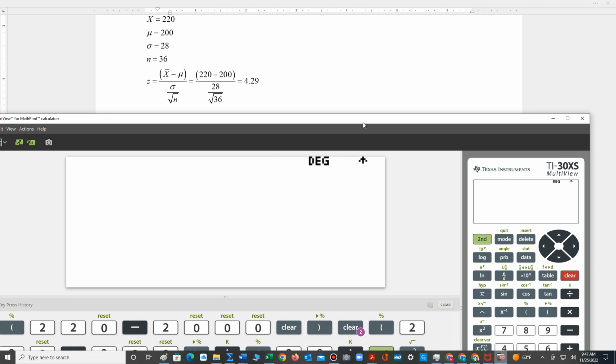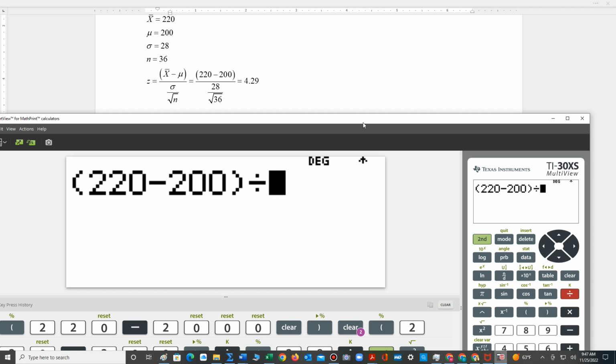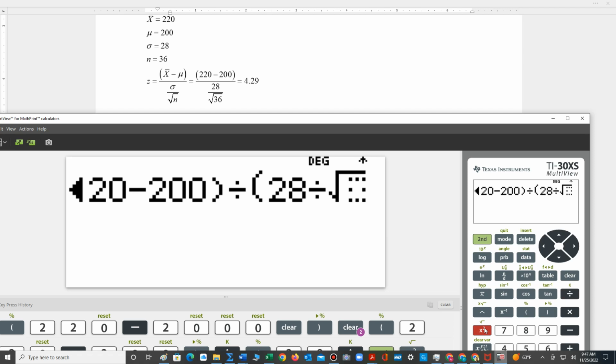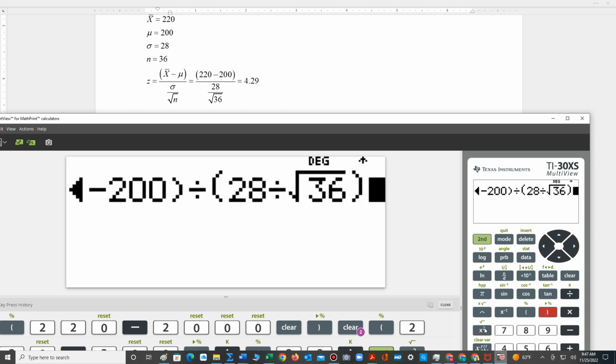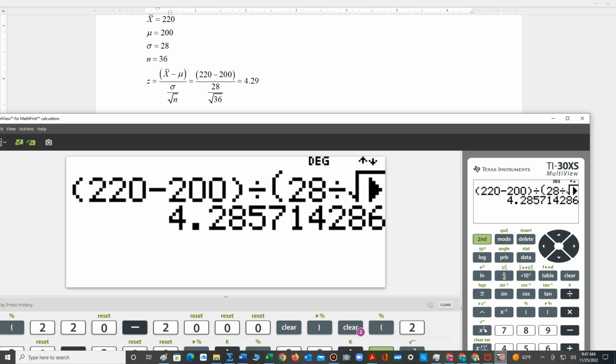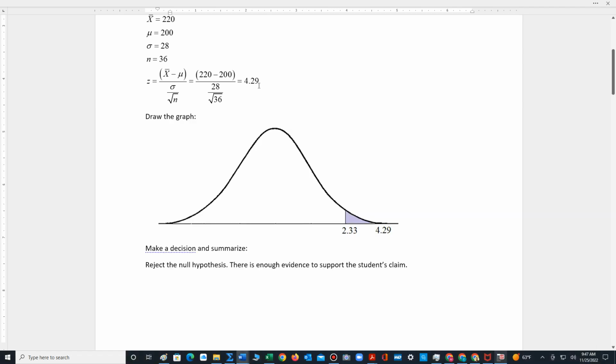We type in 220 minus 200, divided by, once again, parentheses in the denominator, 28 divided by, now we apply the square root function, square root of 36, close the parentheses, hit enter, and we compute 4.29.